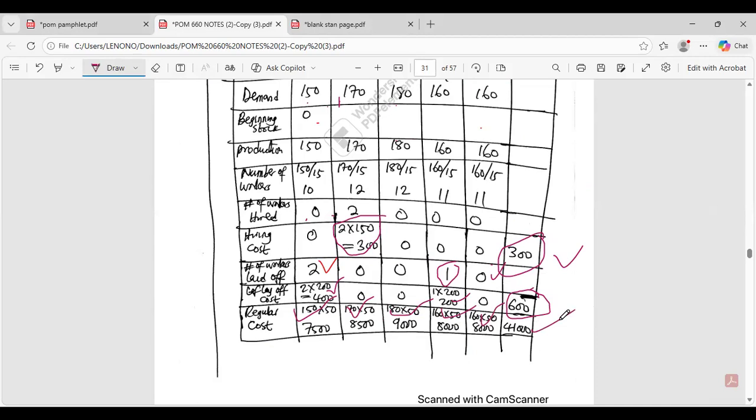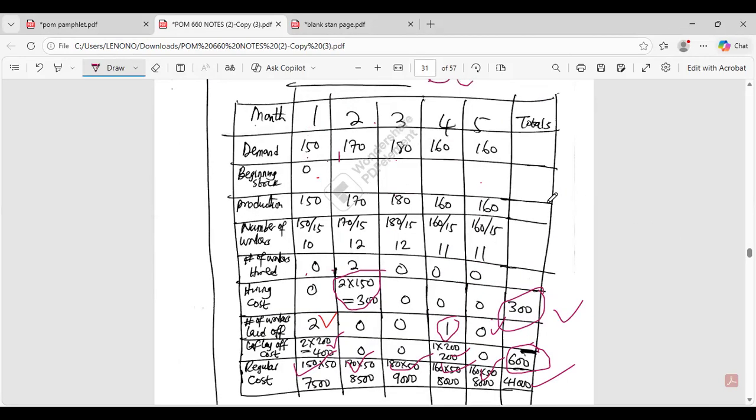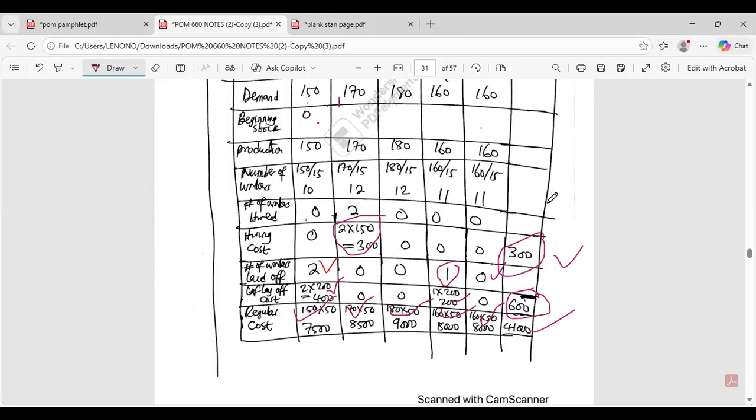Do you know where the 41,000 is coming from? Let's see where it is coming from. You're multiplying by the production units. So just confirm with me before you proceed.